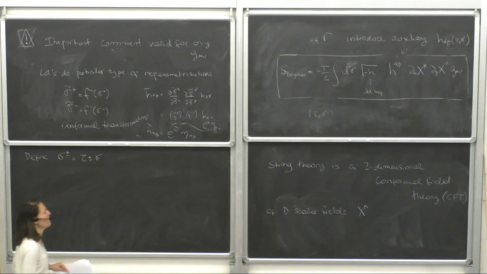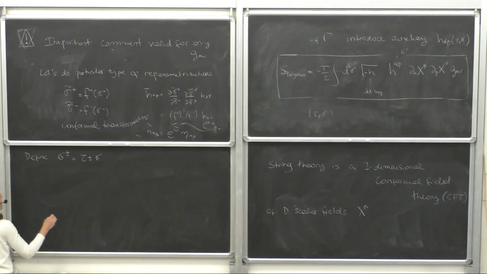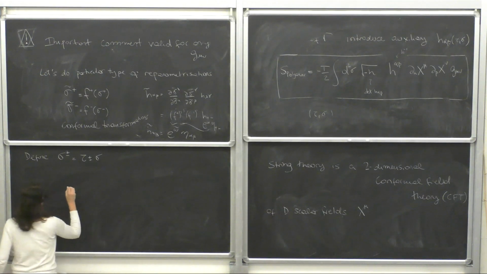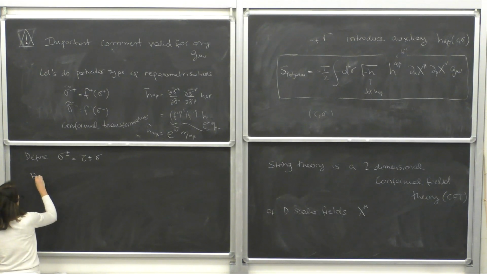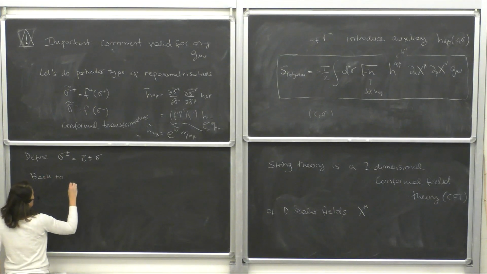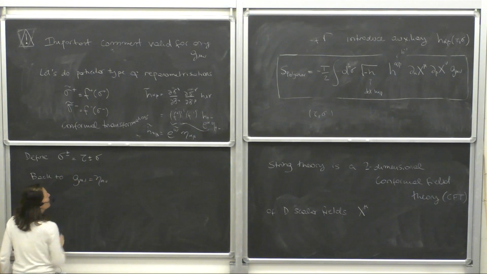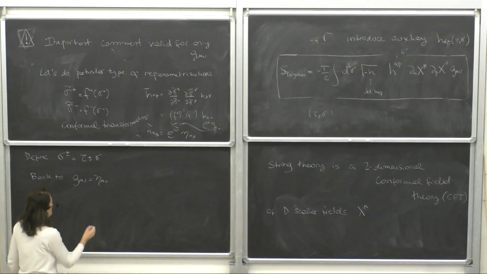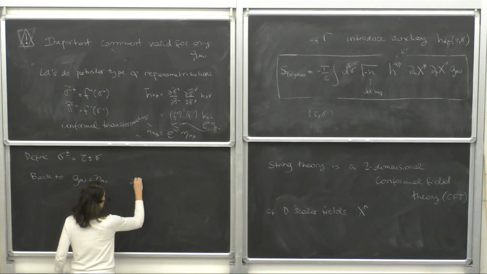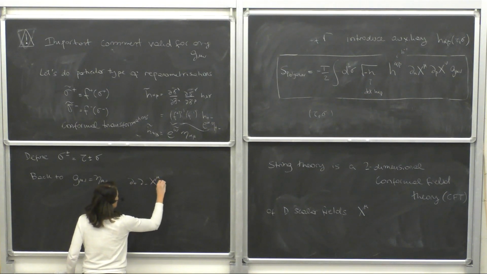Okay, so let's go back to our easy case: G mu nu equals zeta mu nu, and the equations being d plus d minus x mu equals 0.